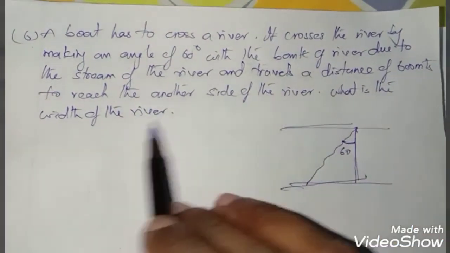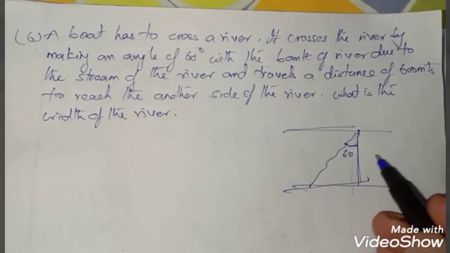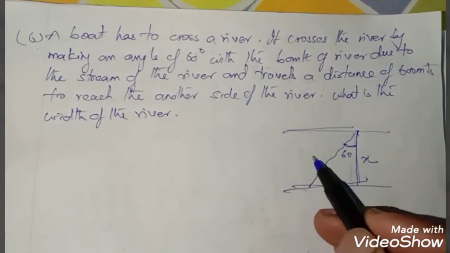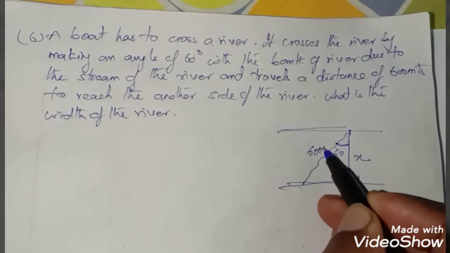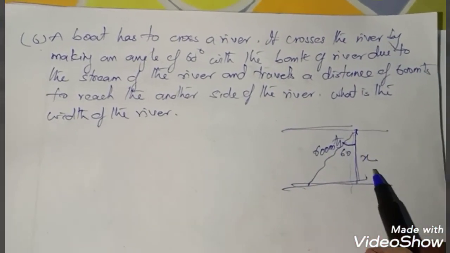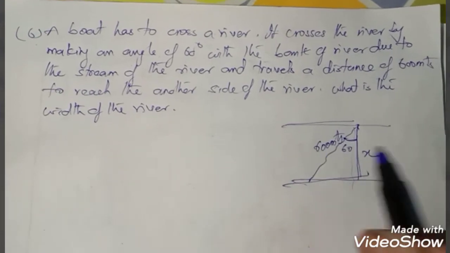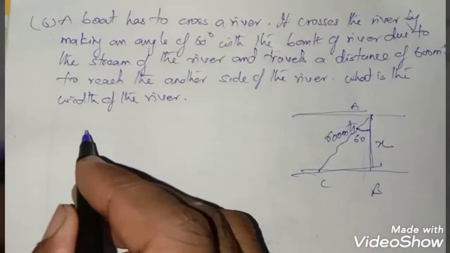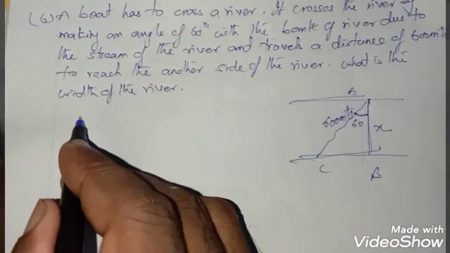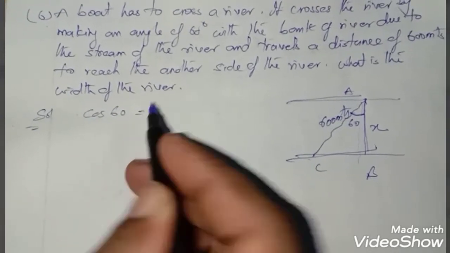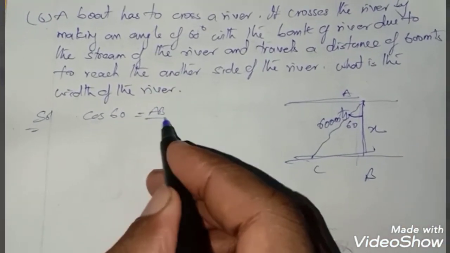And what is the width of the river? You have to find the width of the river, and the distance the boat has traveled is 600 meters. Now here, as per the angle, this is your adjacent side and this is your hypotenuse. If I name this ABC, hypotenuse and adjacent come in cos, that is the solution: cos 60 is equal to AB by AC.